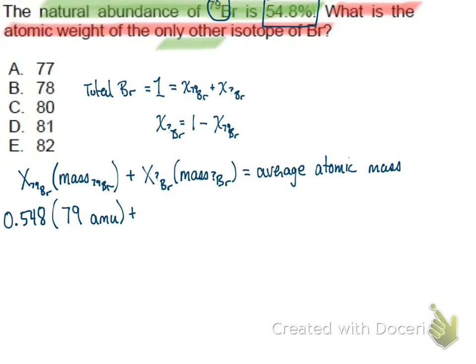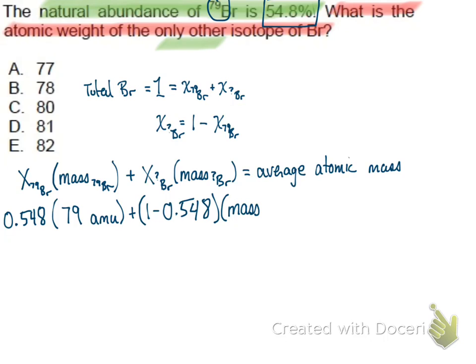And we know the fraction of bromine 79, we've already used that. So let's go ahead and make that substitution. 1 minus the fraction, which again is 0.548. Then we multiply this by the mass of that unknown bromine. That's what we're trying to find, so let's keep that written out that way.